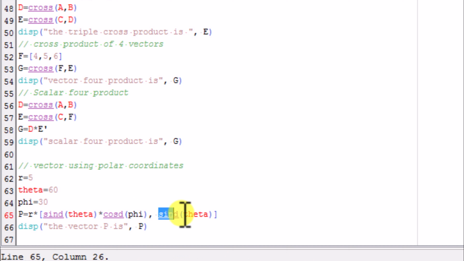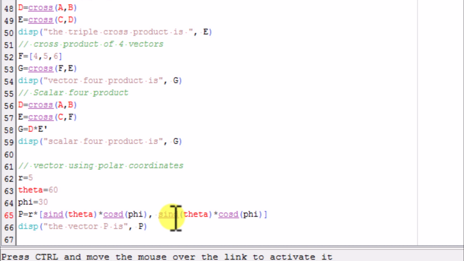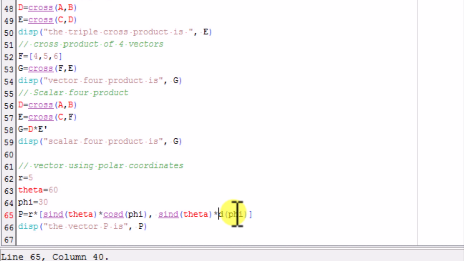The y component is sin theta sin phi, so I will do sind, and the z component will be only cos theta.